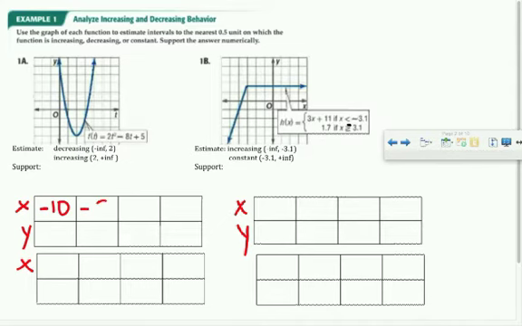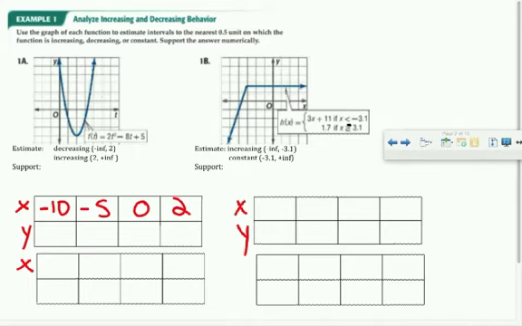So negative 10, negative 5, 0, and 2. And what we're doing now is plugging these values into our calculator to verify that my function values, or my y values, are changing. And this is straight calculator stuff.